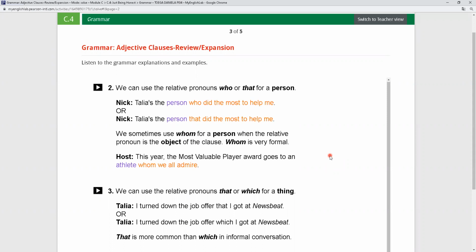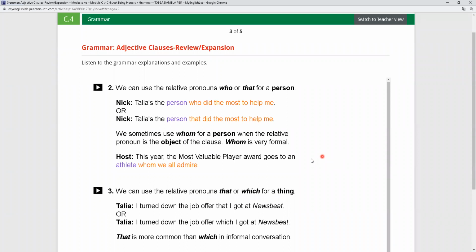So maybe it's a formal situation and you don't know what you have to use. If you can replace the subject with the pronoun he or she, you have to use who. But if you can replace it with him or her, you have to use whom. Okay. Super. All right.